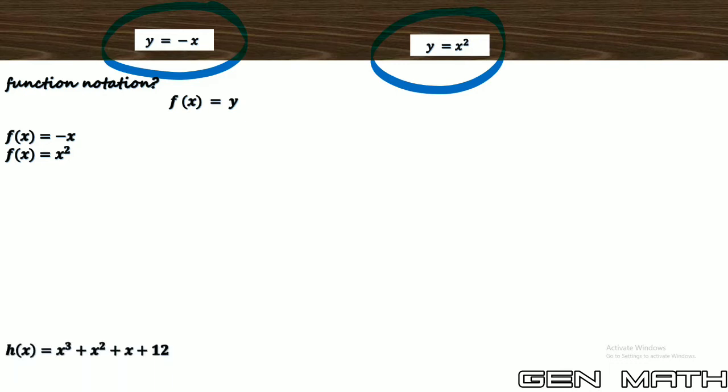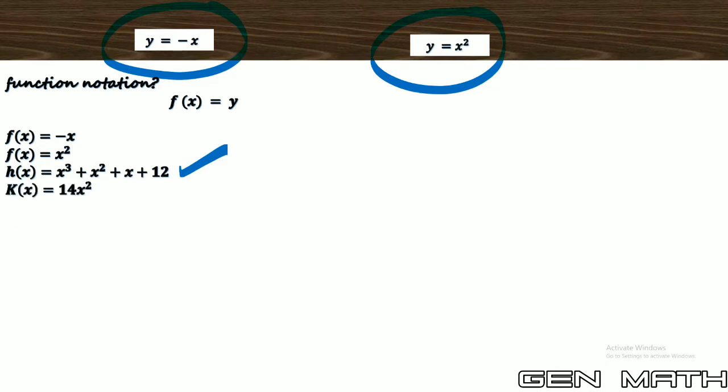We can also have h of x equals x cubed plus x squared plus x plus 12. This is an example of a function because you cannot find a number that, if you substitute it to x, the result will be two numbers. Another example of a function is k of x equals 14x squared. And last example, we have y equals 2/3 x.